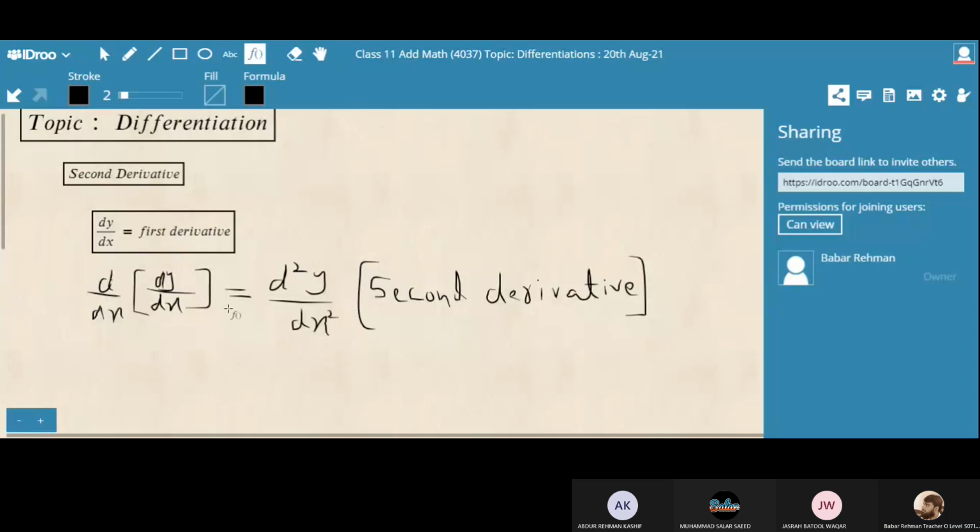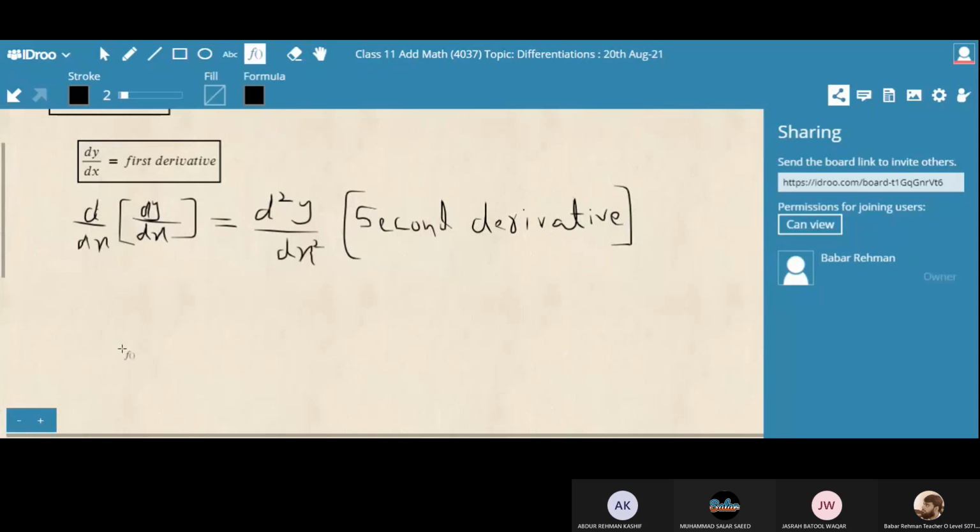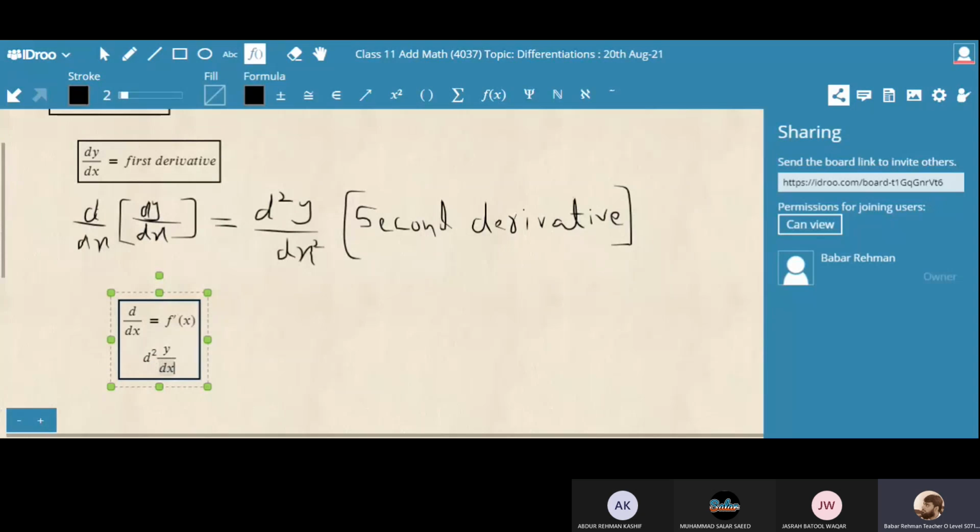One more thing: we write the first derivative dy by dx as f prime of x, and we can write the double derivative d square y upon dx square as f double prime of x.